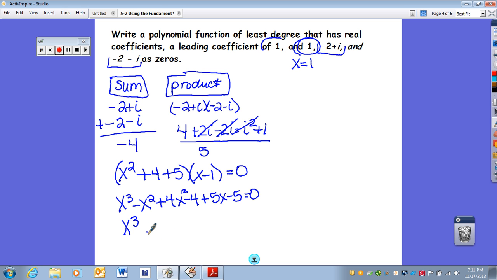So that gives me a positive 3x squared. And then we had a positive 5x, and I think I missed my x right here, so it'd be minus 4x, so that's going to be plus x. And then we have minus 5, and that's going to be our polynomial function.